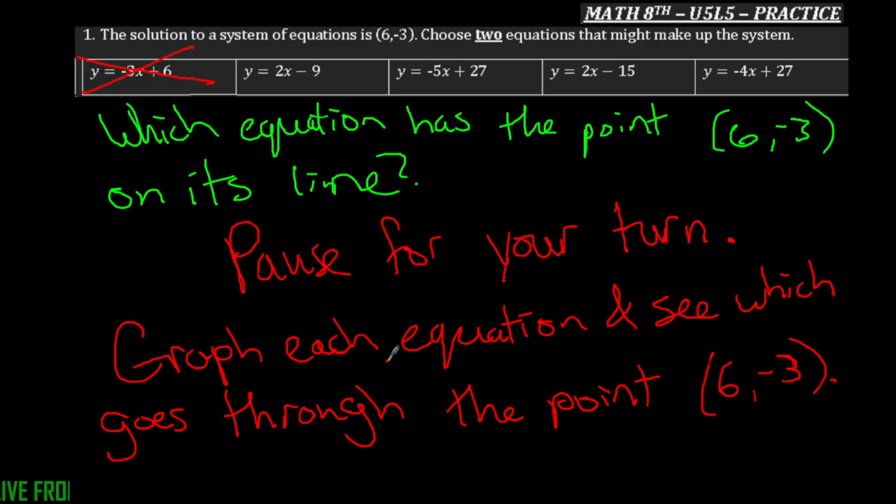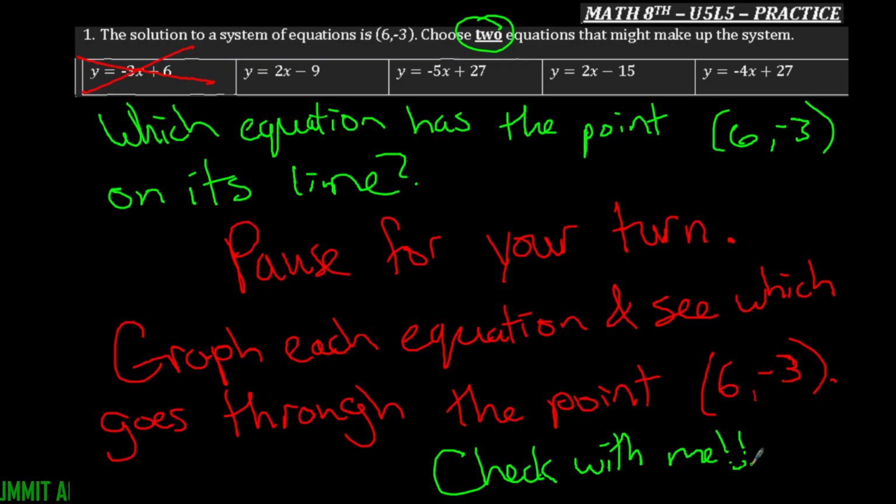If it doesn't go through the point, it's not good. If it does go through the point, it is good. Make sure you are choosing 2 answers, or 2 equations, from these options. Make sure you pause and check with me.